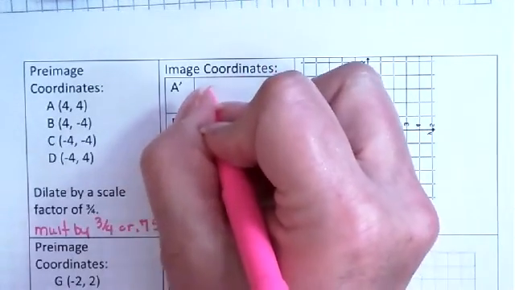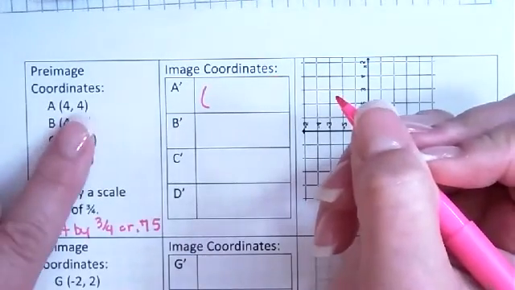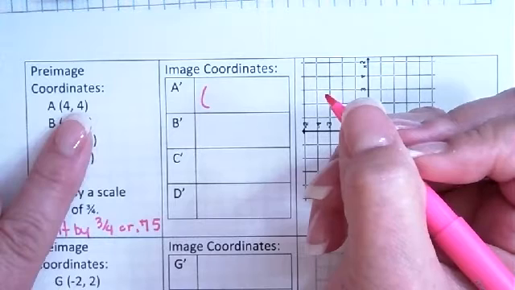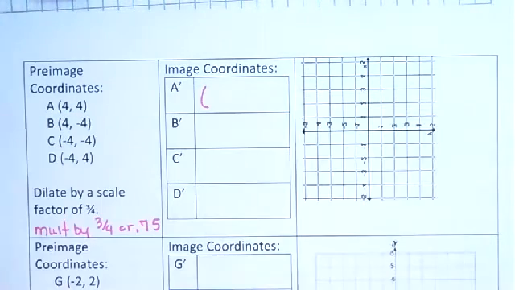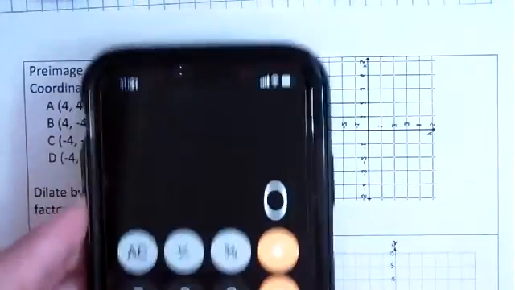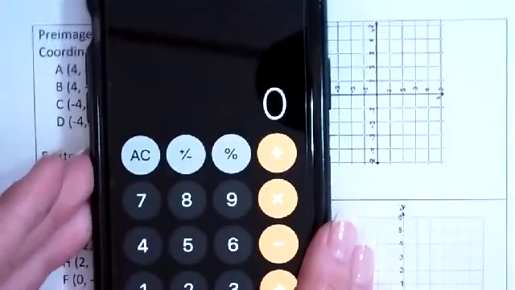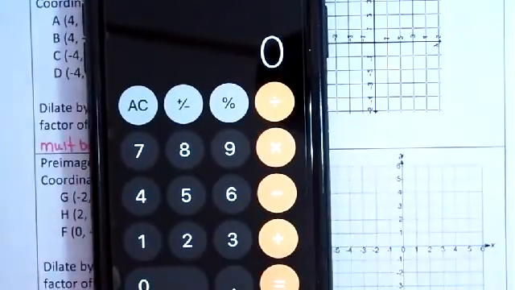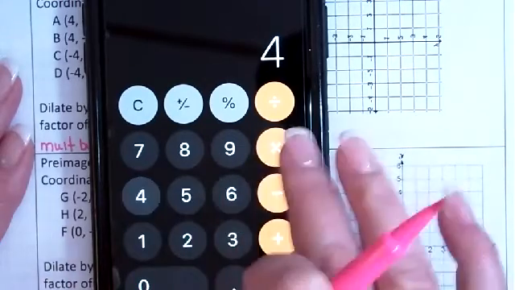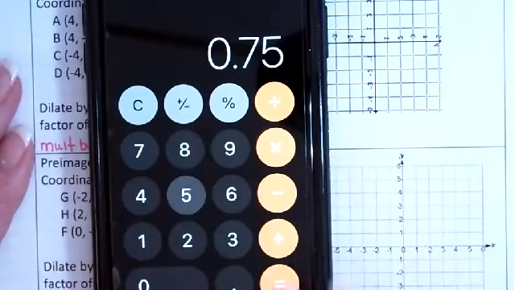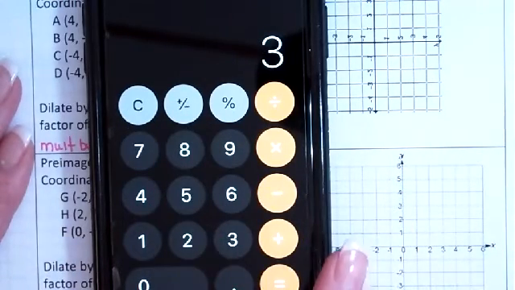Now, if I multiply 4 by 3/4 or 0.75, the easiest calculator to grab is your phone. I'm going to just bring my phone right here. Okay, and I'm going to do 4 times 0.75 equals, and I get 3.